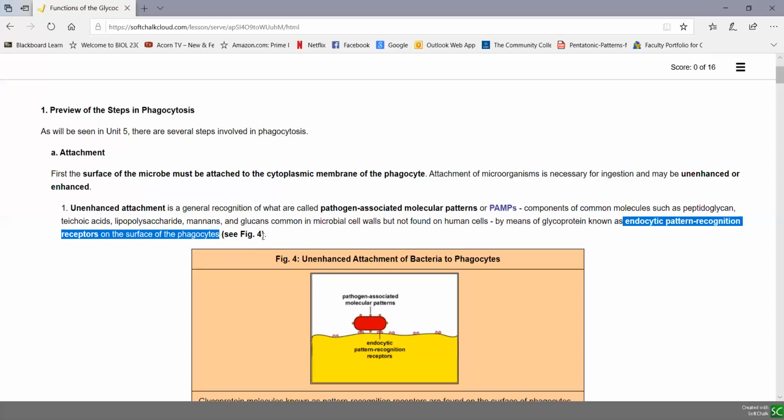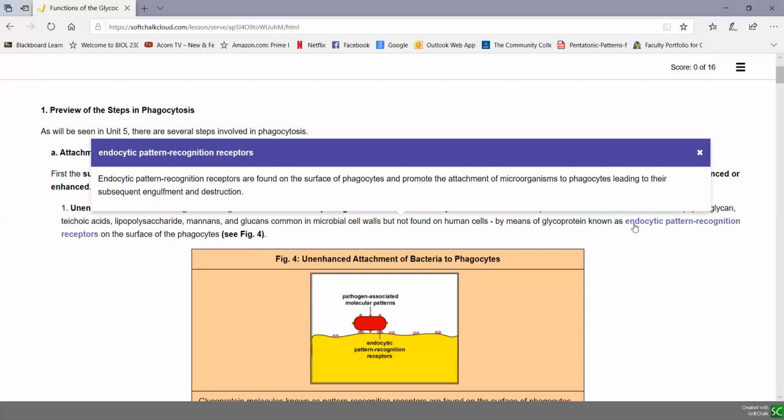But there's another category of pattern recognition receptors that are found on the surface of phagocytes, and they're called endocytic pattern recognition receptors. So endocytosis, remember, is a combination of phagocytosis and pinocytosis. When something is engulfed and placed in a vesicle, that's called endocytosis. And so these are pattern recognition receptors that promote endocytosis.